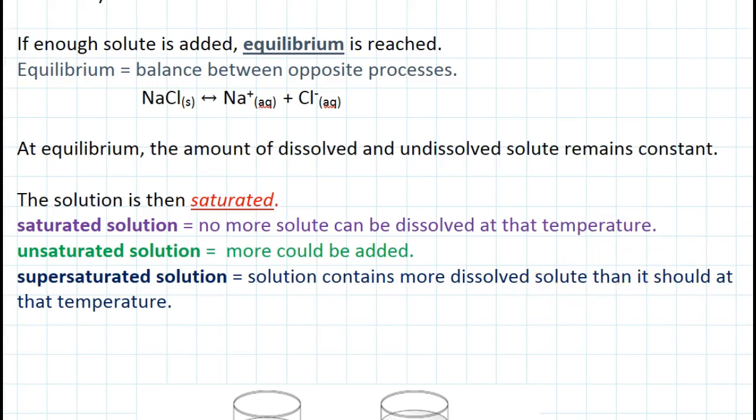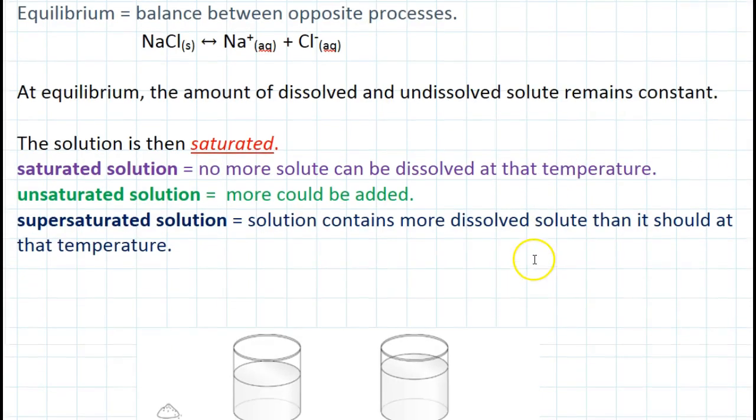So more could be added. An unsaturated solution is one where essentially it's all dissolved, and you don't have crystallization happening anymore because it's all in solution, and there's plenty of water there to surround and hydrate all of those ions.